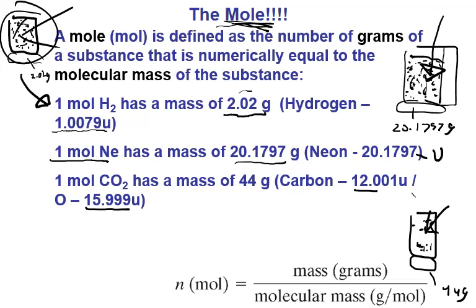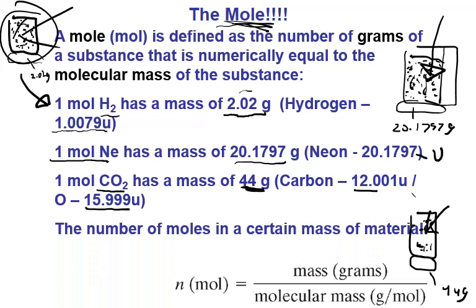Each dot represents 1 molecule. And so if you have the same number of molecules, each molecule has a different amount of mass. So if you have the same number of CO2s as you have H2s, you're obviously going to have more mass. And so that's what we're dealing with there.